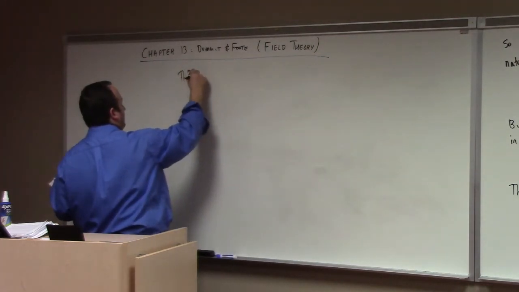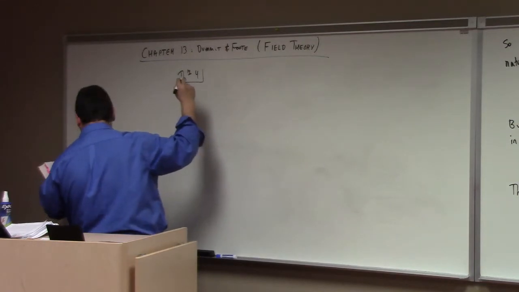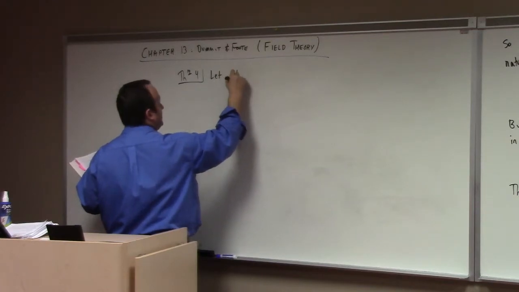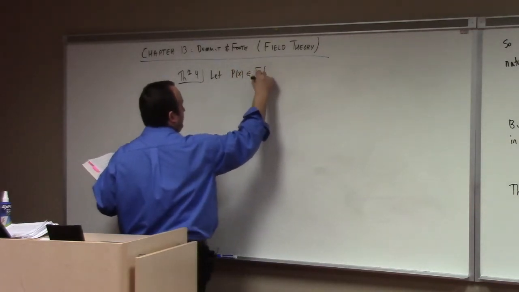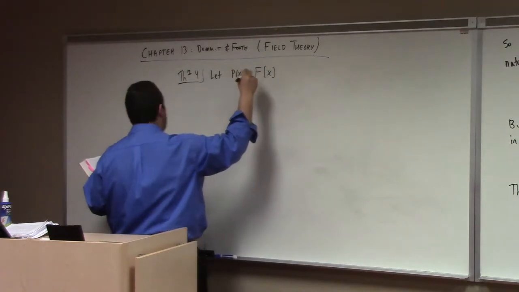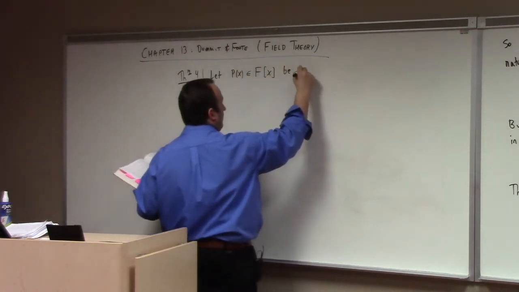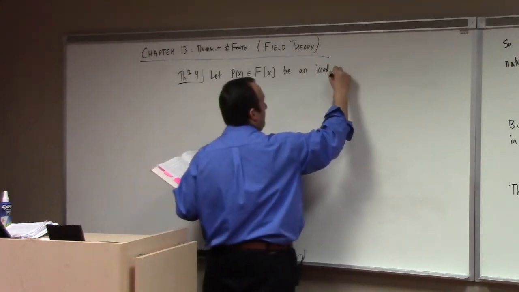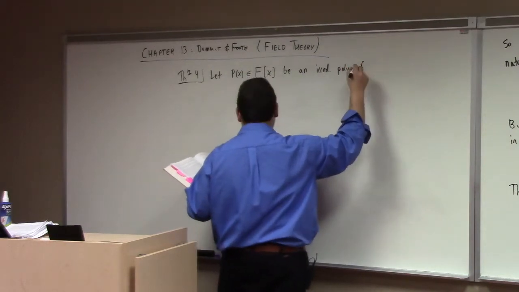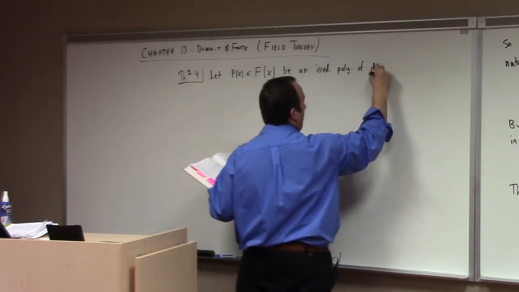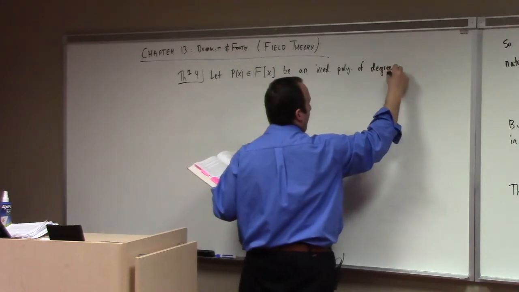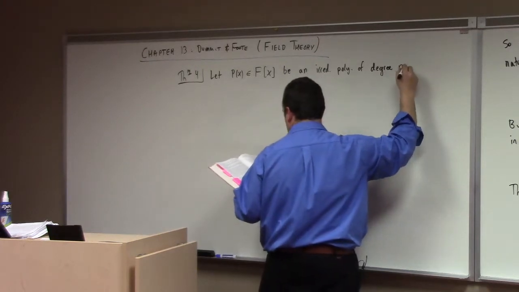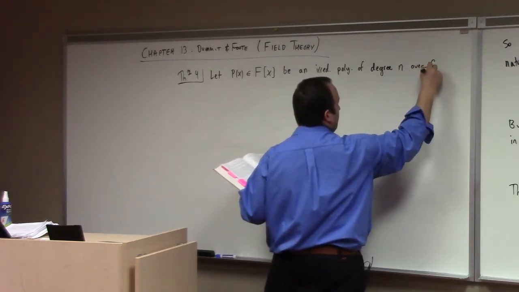Theorem 4 says: let P(x) in the polynomials over the field F[x] be an irreducible polynomial of degree n over field F, of course.